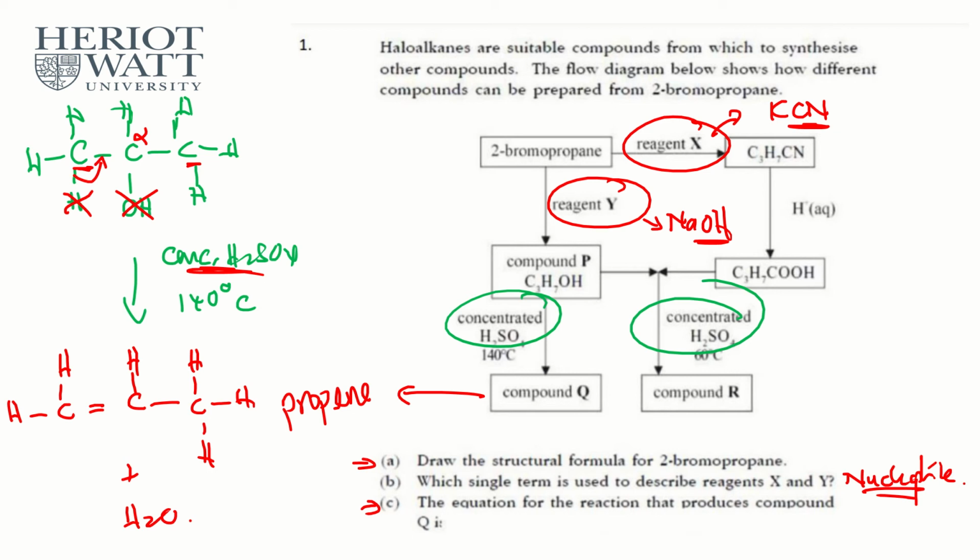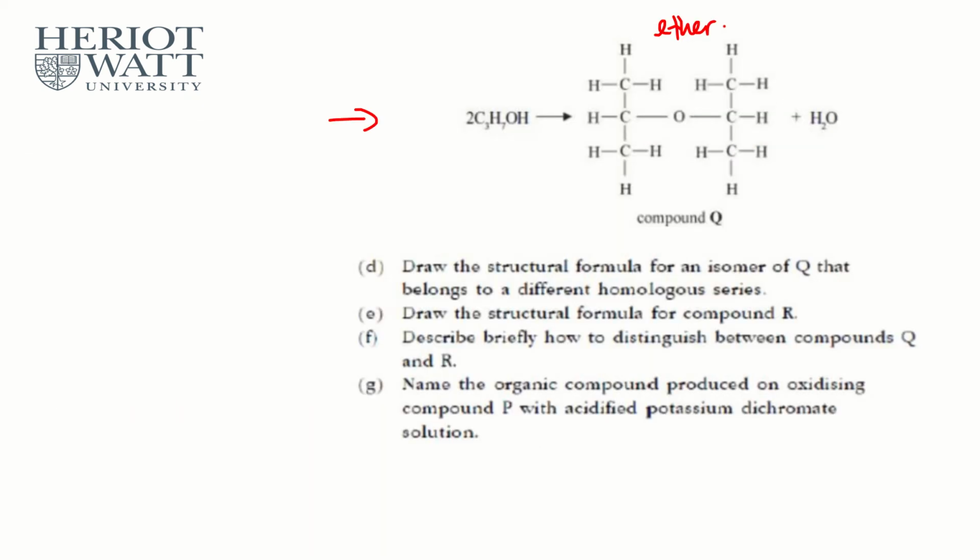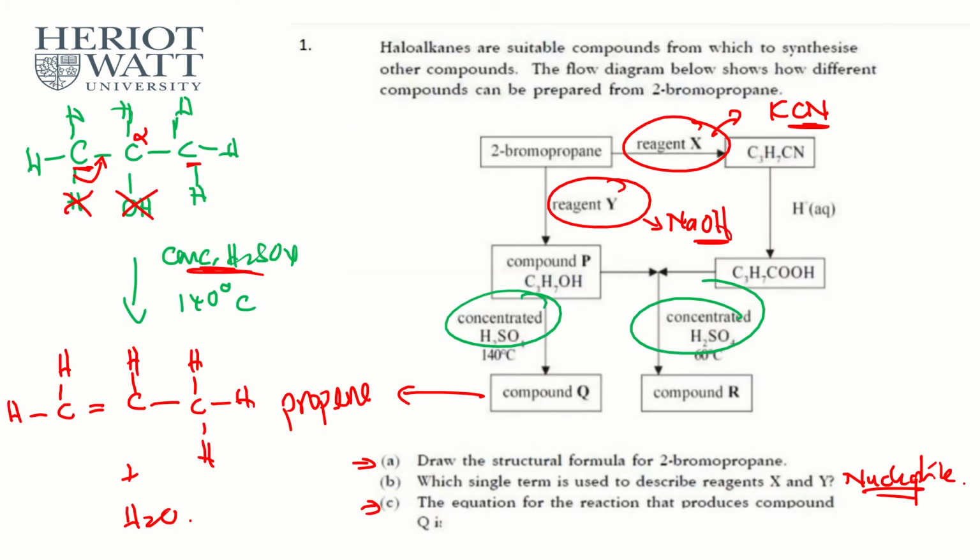So now how do we know whether it's forming an alkene or an ether? Now in this case, it's very simple. You may actually ignore this ether formation, because we don't actually learn about ether, right? So we can ignore these equations and just focus on one, which is when you use concentrated sulfuric acid, you get an alkene.